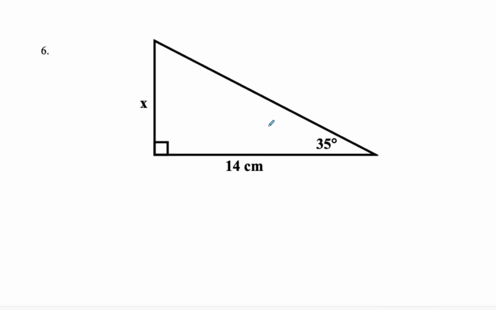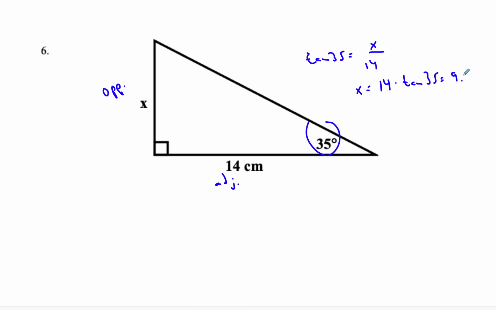This next one, next to last one, opposite, adjacent. So the tangent of 35 degrees is equal to x over 14. Variable on top, so we just multiply 14 times the tangent of 35, which is 9.80. Okay.